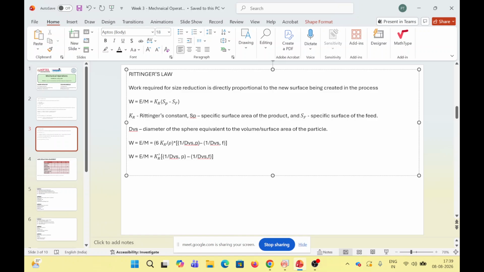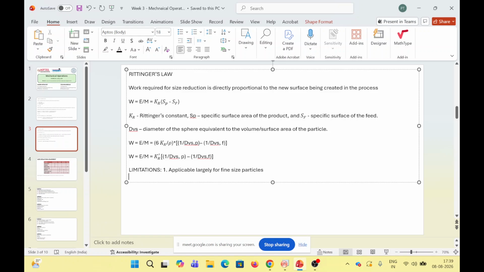Again, as I said, there is a limitation. Just like how you saw that Kick's law is applicable for porous size particles, in case of the Rittinger's law also it has a limitation. The limitation is that this is largely for fine size particles.